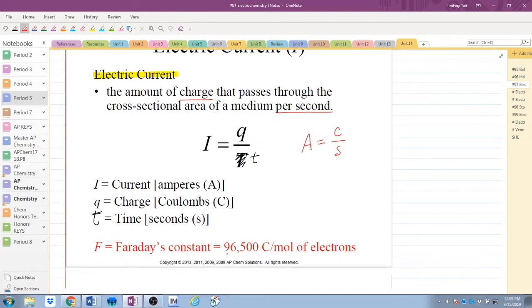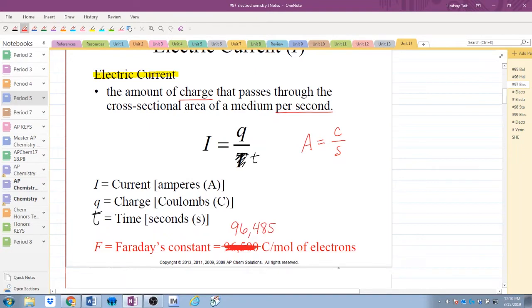Moving charges is electricity. But what I do want to cross out here is that this is a rounded off version that was on the old formula sheet. College Board is now using a more exact version of Faraday's constant, which is 96,485 coulombs per mole of electrons.